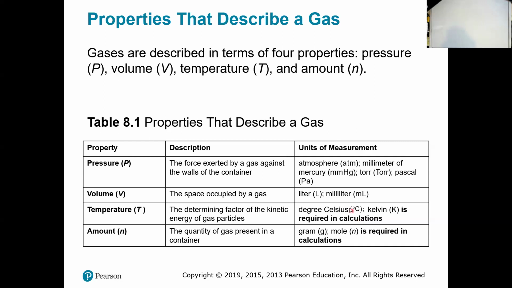When you're describing pressure, there are a few different units you could potentially use, and they're very common pressure units that you should be familiar with. When we're looking at the volume of gases, we'll see those described in liters or milliliters. For temperature, we'll see gases described in Celsius, but we're going to use Kelvin when we do any gas calculations.